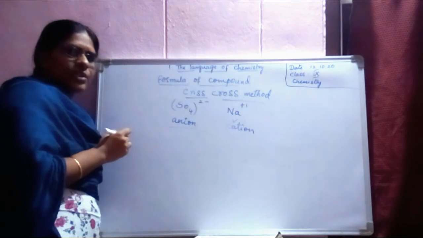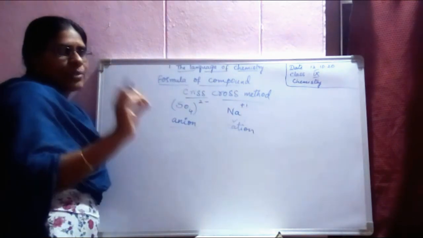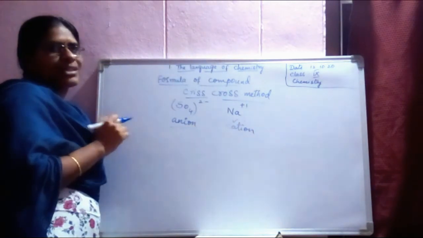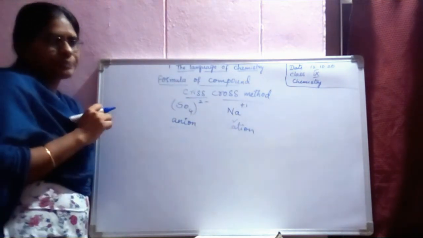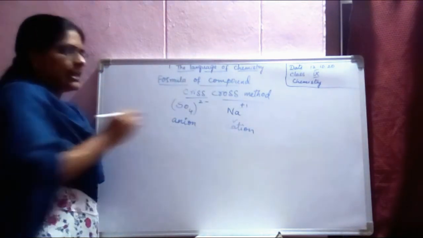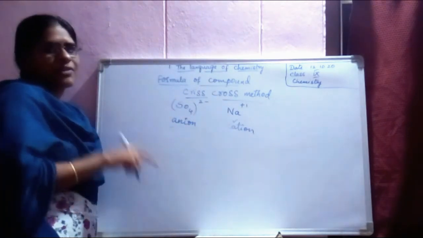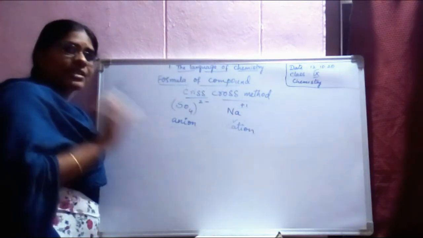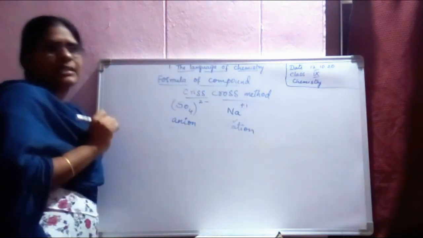Some lists I have given you, like mono electropositive ions, divalent electropositive ions, trivalent electropositive ions, tetravalent electropositive ions. Similarly, mono electronegative ions like nitrate, nitride, sulfate. You must always remember those ions: SO4 2 minus, Cl minus.